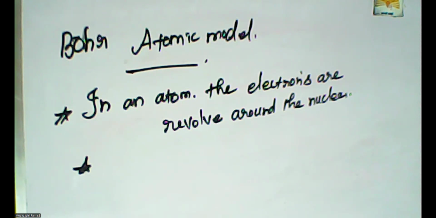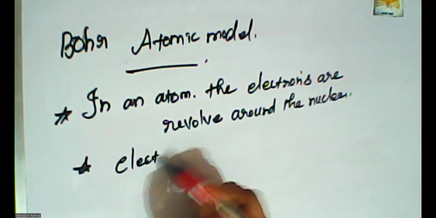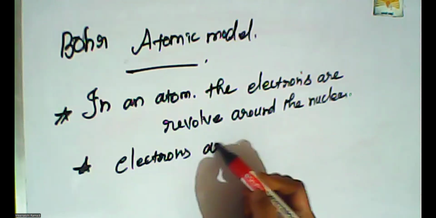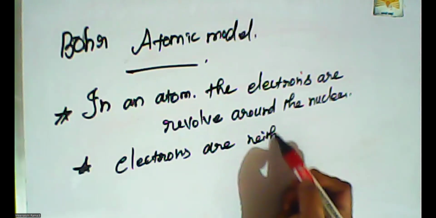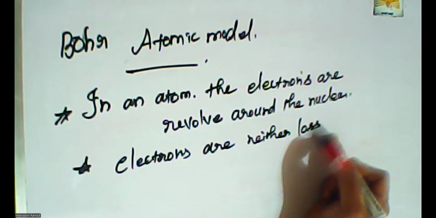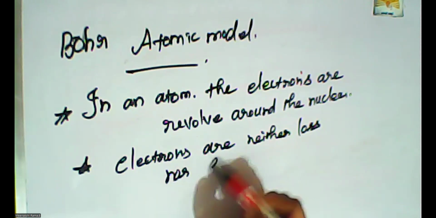The electron neither loses nor gains energy. In Rutherford's experiment, the electrons lose their energy, but Bohr's postulate is that the electrons neither lose nor gain energy.